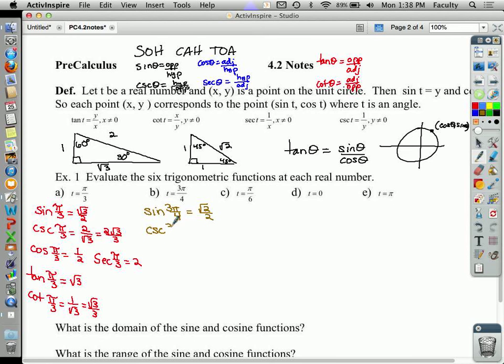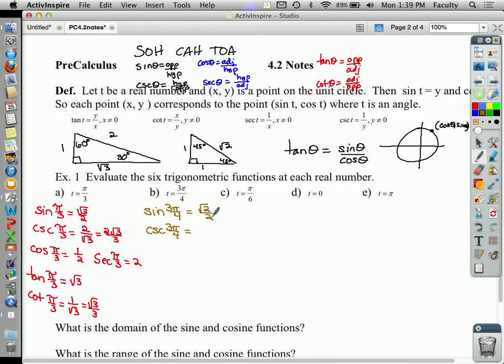Now I want to take a moment and go nice and slowly here, that in order to get radical 2 over 2, okay, if I come back to my little triangle, sine of 45 is 1 divided by radical 2. That's what created radical 2 over 2.